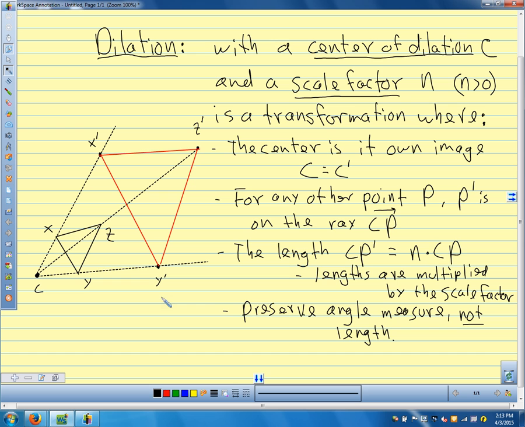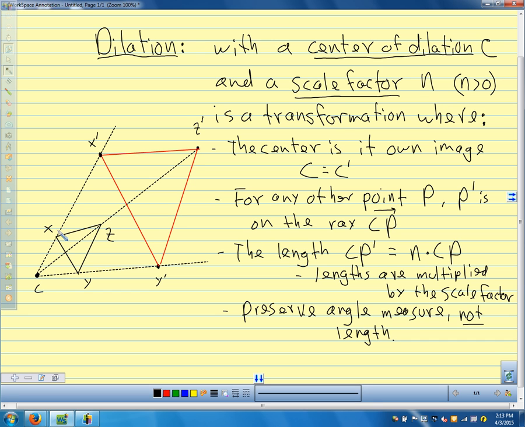So that's my dilation. This is what this means, that the image point is on this ray. I just extend this line through this vertex, and my image point is on that ray. And the length from C to X prime would be n times the length from C to X, so whatever our scale factor is.